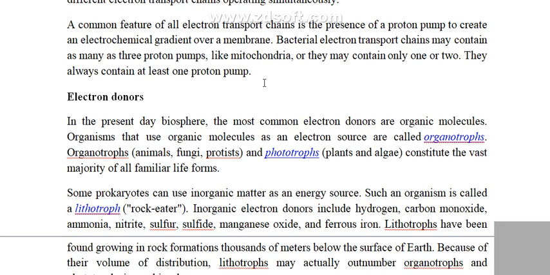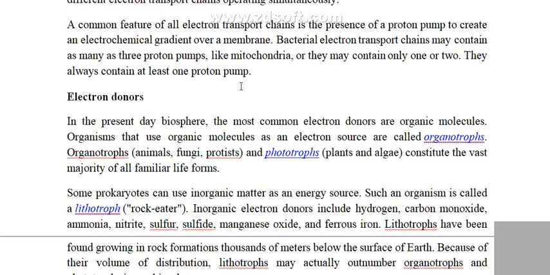You know that a bacterial cell possesses a cell wall, then you have a cytoplasmic membrane, and inside you have the cytoplasm, and outside the cytoplasmic membrane you have a periplasmic space. So the protons are usually pumped from the inside, that is from the cytoplasm, to the periplasmic space.